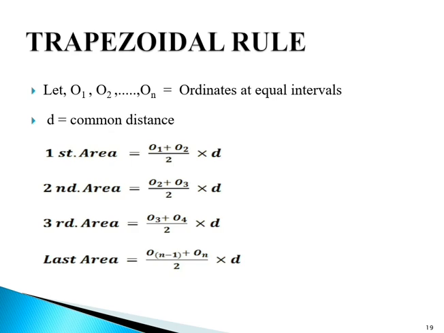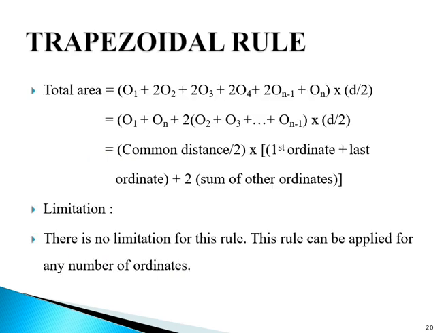The last area is equal to On minus 1 plus On divided by 2 into d. So total area will be given by bracket O1 plus 2O2 plus 2O3 plus 2O4 plus up to 2On minus 1 plus On, bracket over, into d by 2.